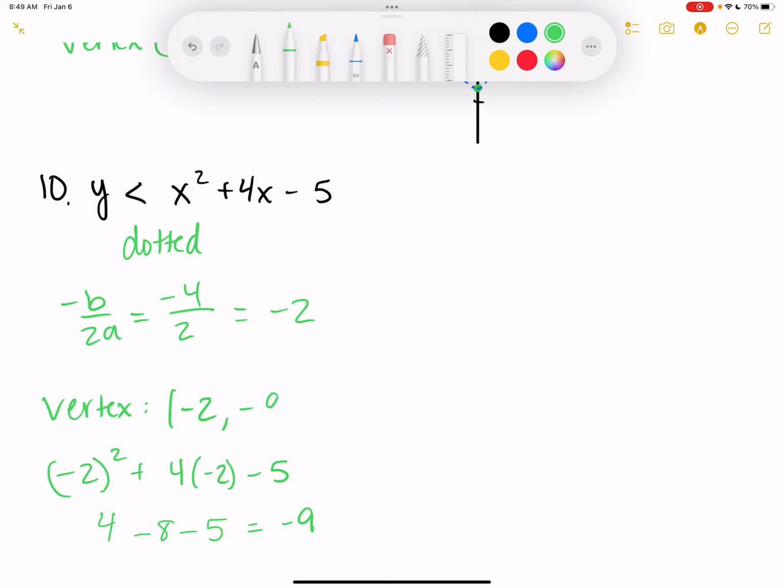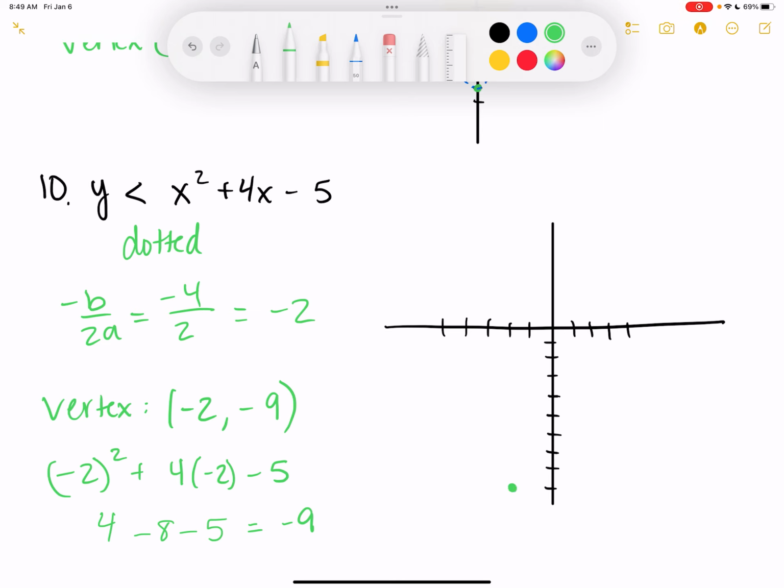It's like the 9s today. So it's at negative 2, negative 9.